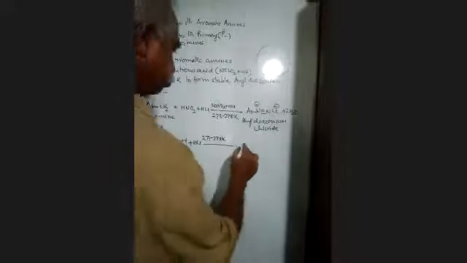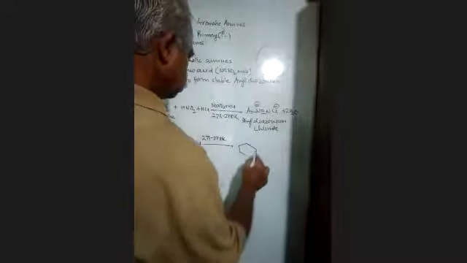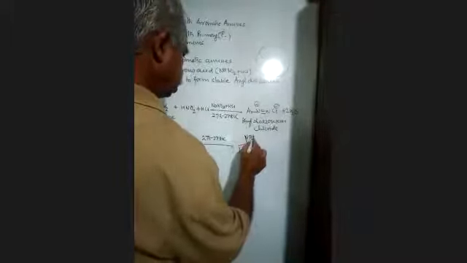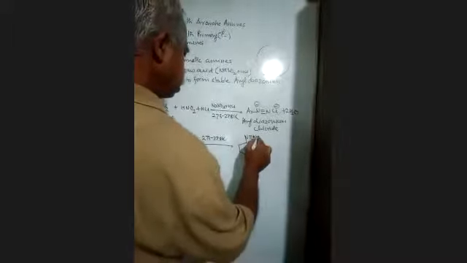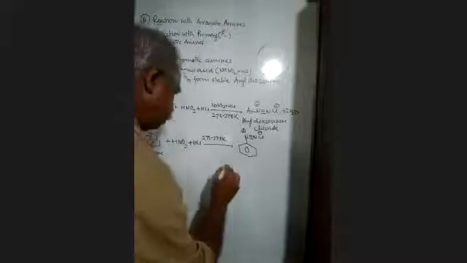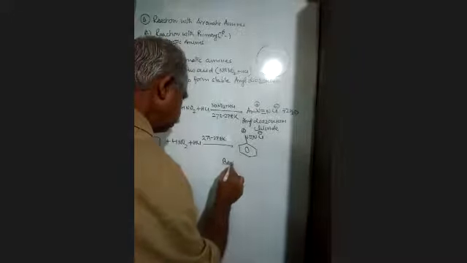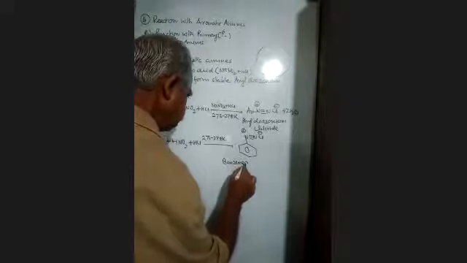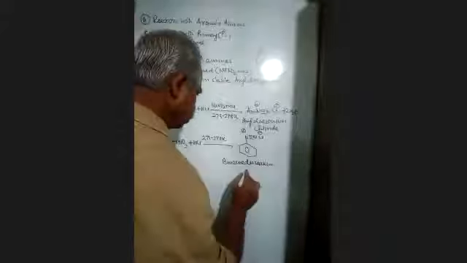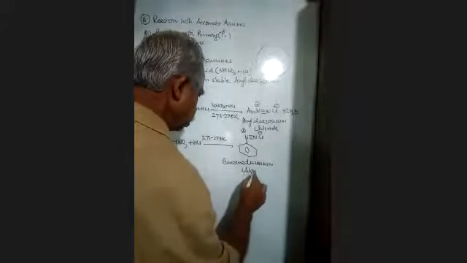If you don't want to write, you can write N2Cl. But I'll show you because it is a salt. So what is the name of this? Here benzene. So it's called benzene diazonium chloride. Benzene diazonium is one word.